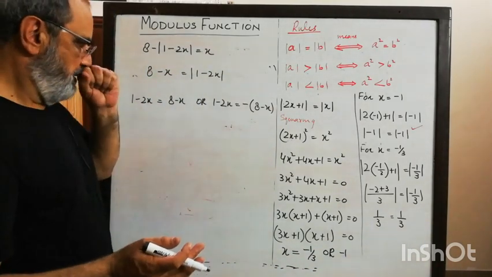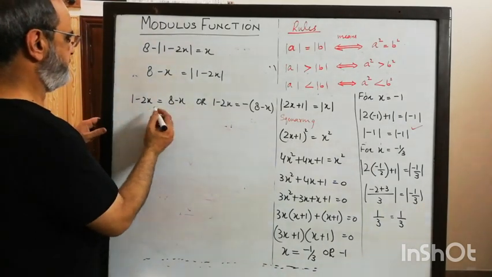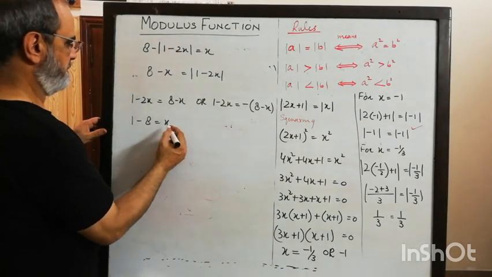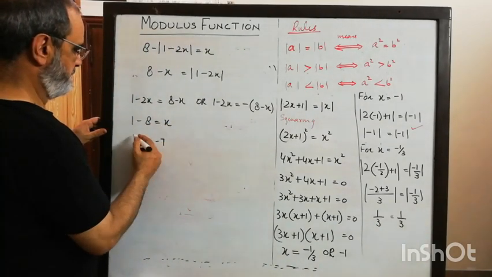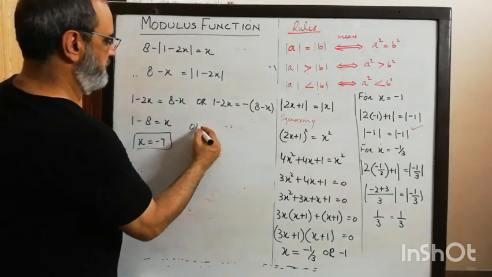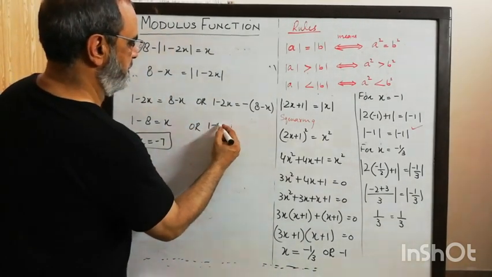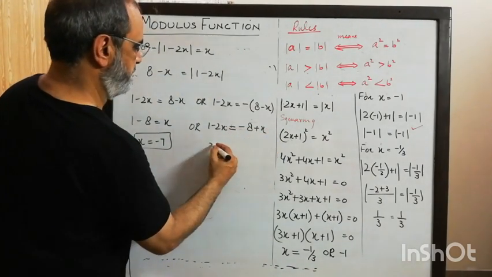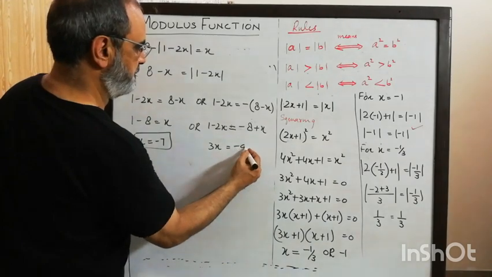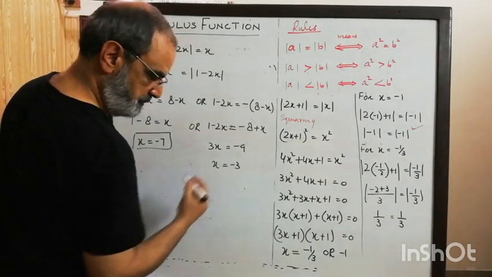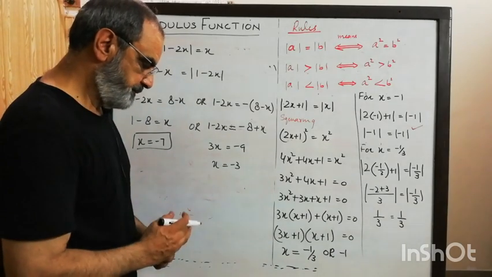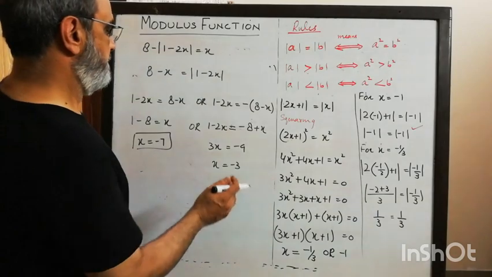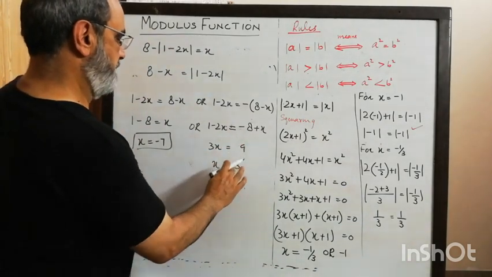It gives me x is equal to minus 7, or sorry, it will be positive 9 positive 2.